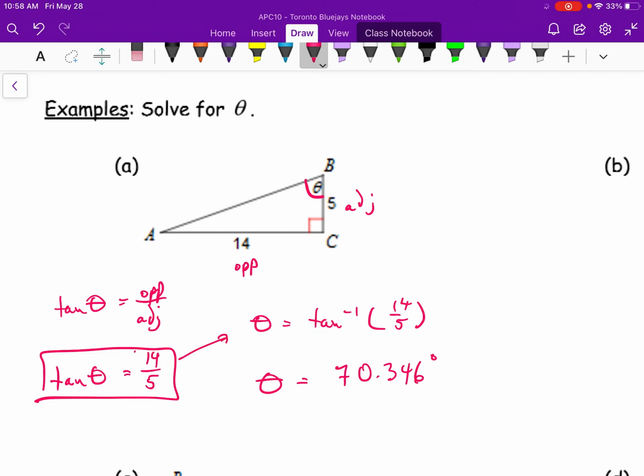How did I get from this step to this step? If I had tangent theta is equal to 14 over 5, I just employed inverse tangent on both sides. On the left-hand side, inverse tan cancels out with tangent, so I'm just left with theta.